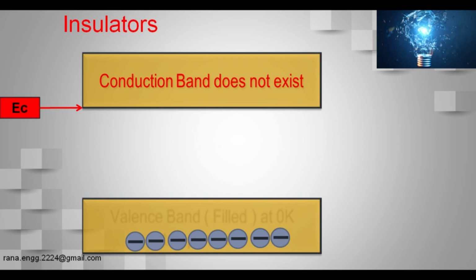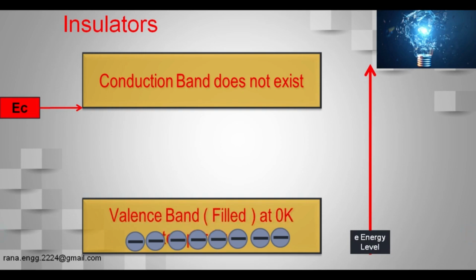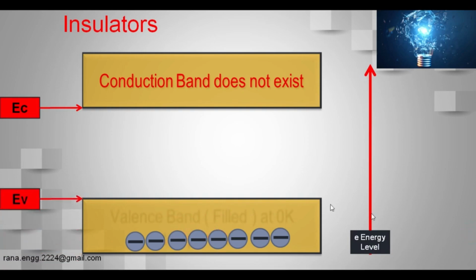So, these bands are shown in two places. Say we have one valence band and one conduction band. The energy levels of these bands go from bottom to top, from the valence band to the conduction band. The energy level of the valence band is given by EV, that is the valence band energy level.